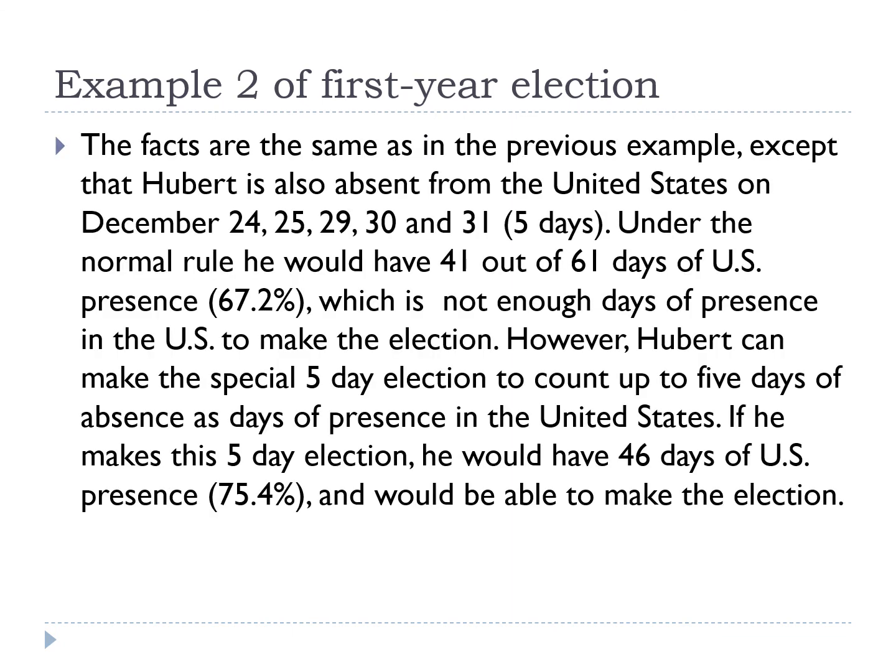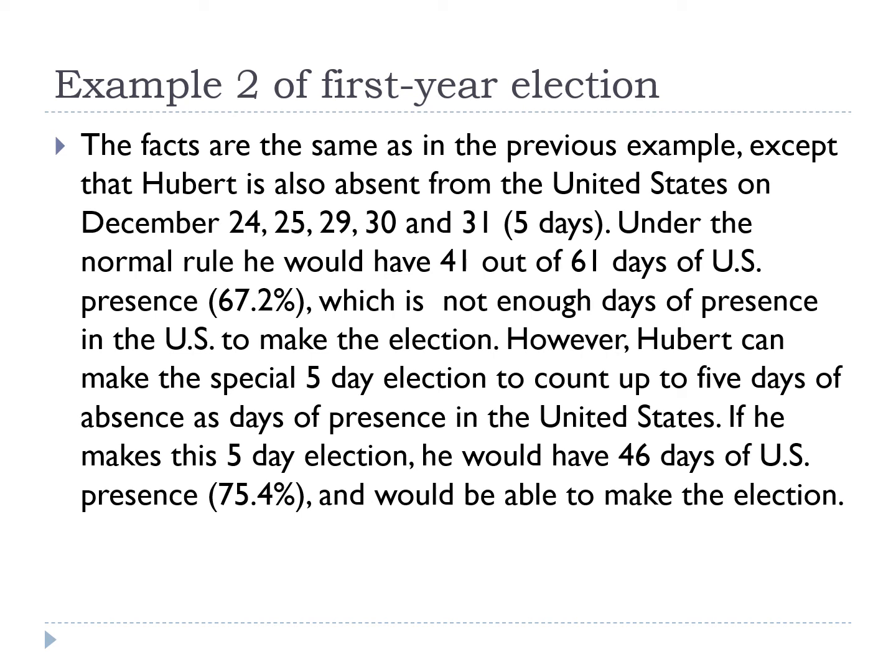The facts are the same as in the previous example, except that Hubert is also absent from the United States on December 24, 25, 29, 30, and 31, which is 5 days. Under the normal rule, he would have 41 out of 61 days of U.S. presence, which is 67%, which is not enough days of presence in the United States to make the election.